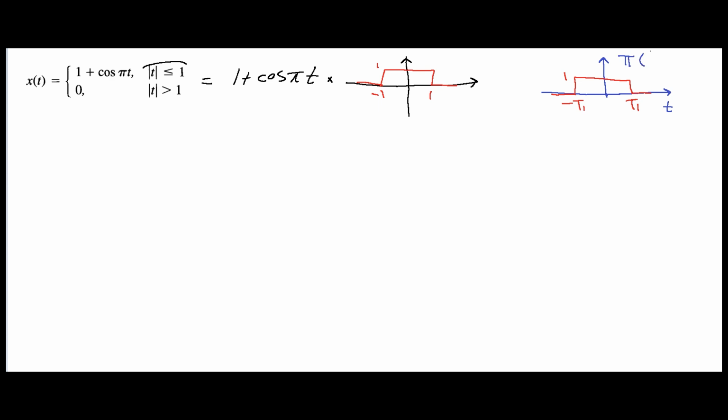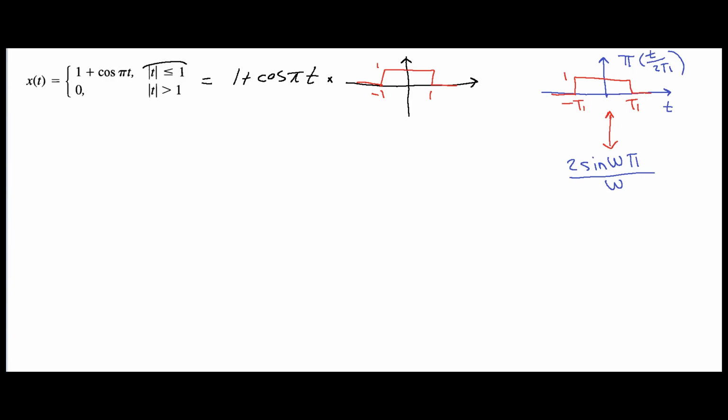We denote this signal as pulse of t over 2t1. Its Fourier transform is 2 sine omega divided by omega. We will use this result to solve the problem.